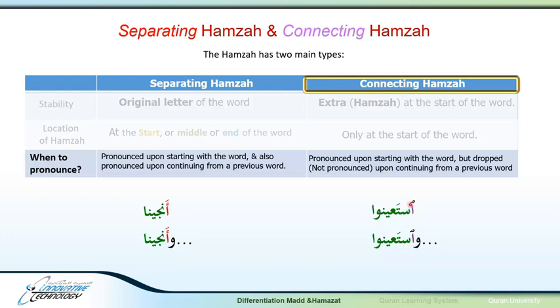In ista'inu, the hamza is pronounced, but in continuous recitation, we say wasta'inu, as if there is no hamza at all. So, in conclusion, the separating hamza is always pronounced, while the connecting hamza is only pronounced upon starting recitation from it, and it is not pronounced if we are reading through it, that is, if we're using it to connect previous words with the word that has the hamza.